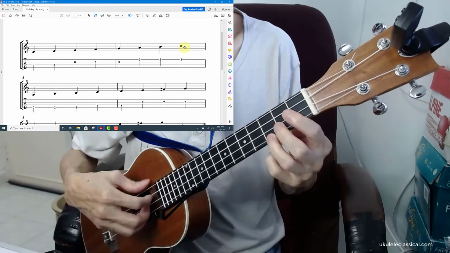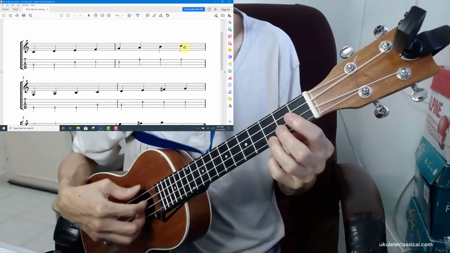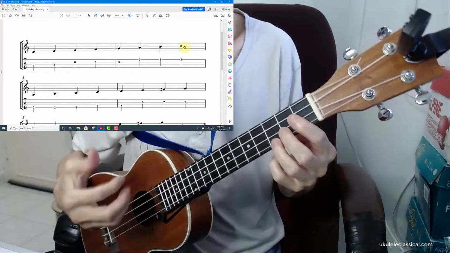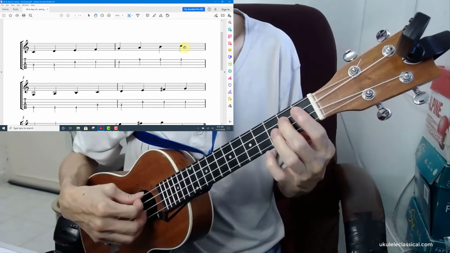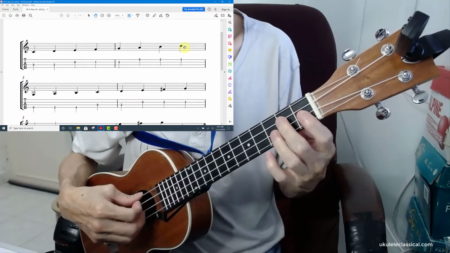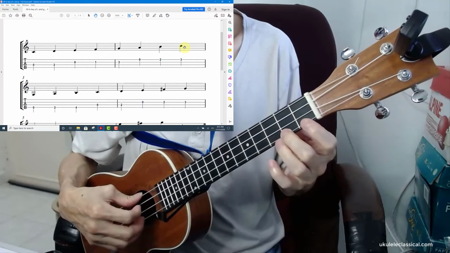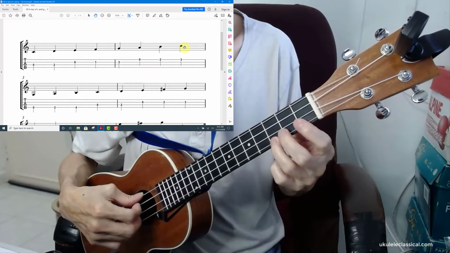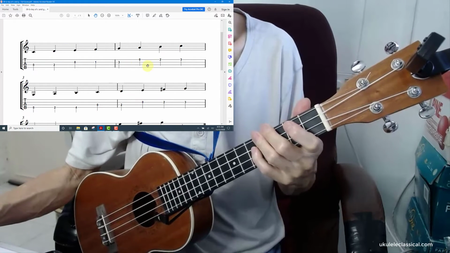Or you could play with the PIMA fingering. You could use this position for your right hand and play like this. Alright, so this is the key of C.